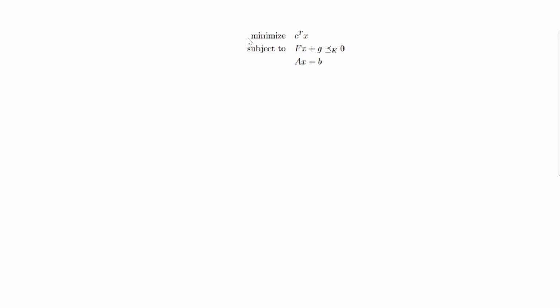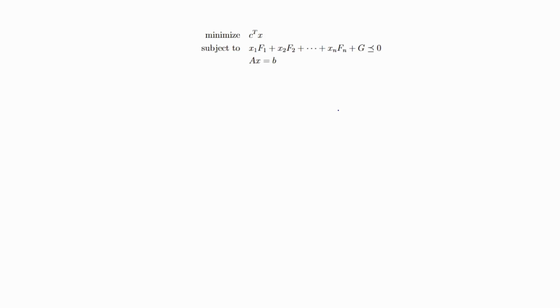We have a linear objective and a single affine constraint function with one cone K. But notice when K is the non-negative orthant, R^n_+, this is just a linear program. It just expands to n linear inequality constraints. So conic programs are LPs with component-wise inequality swapped out for cone inequality.